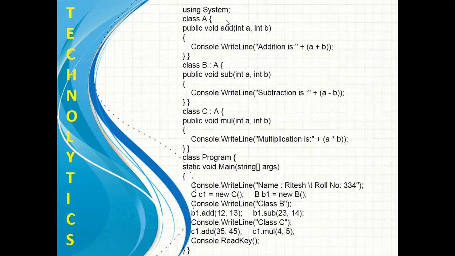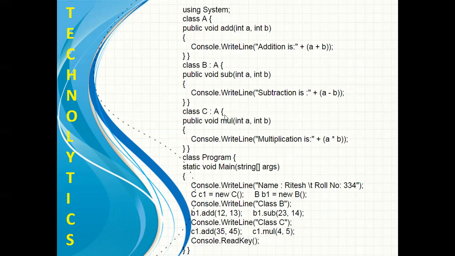One class A is there, inside A add method is there, class B is there, inherited class A, here subtract method is there, class C is there, inherited class A, okay, that means B also inherited A, C also inherited A. So you can understand here we are seeing the concept of hierarchical inheritance.